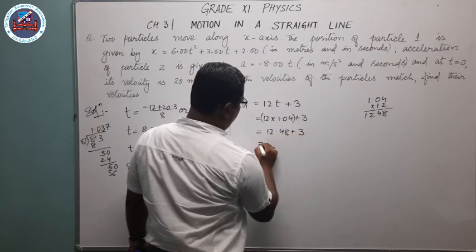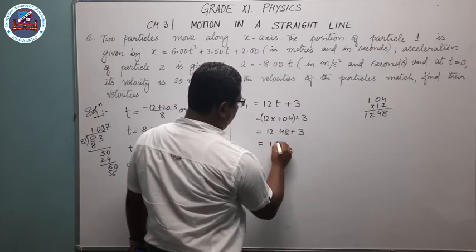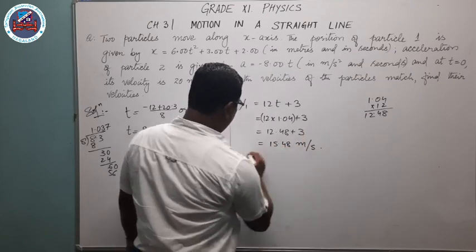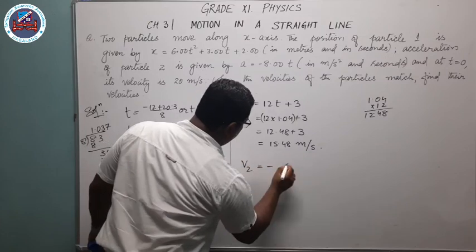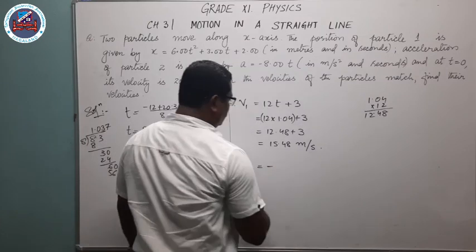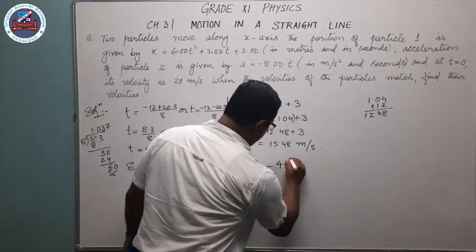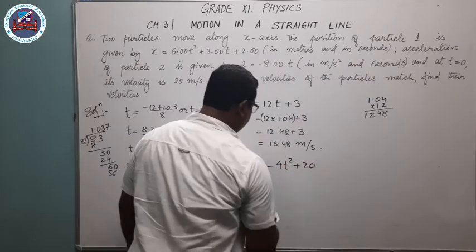It will come nearly 15.48 meter per second. V2 was minus 4t squared plus 20.